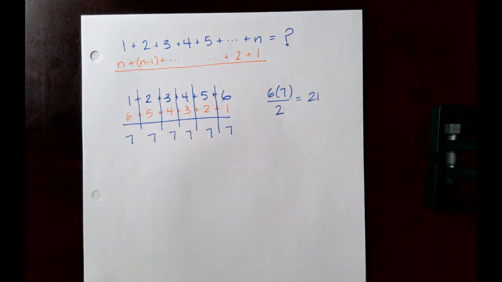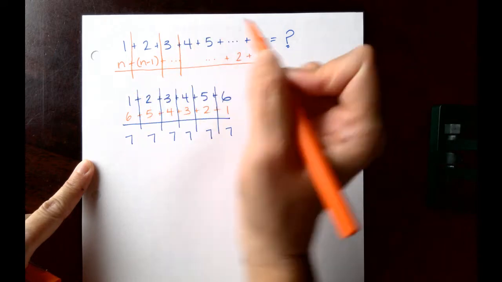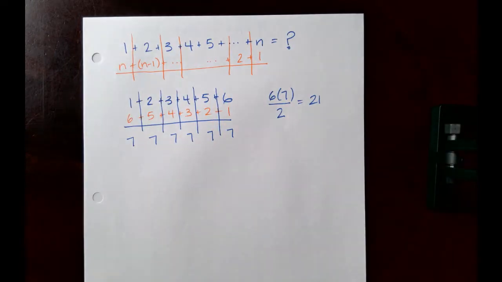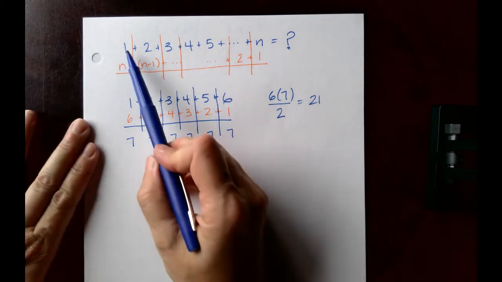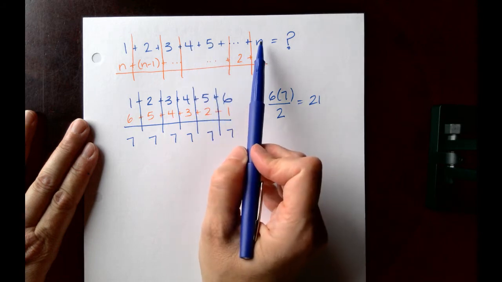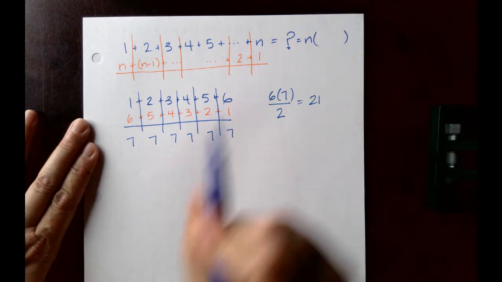But when we do this one, and we line things up so that we can find all of these sums, you will have a collection of 1, 2, 3, 4, 5, all the way to n sets, so n times.